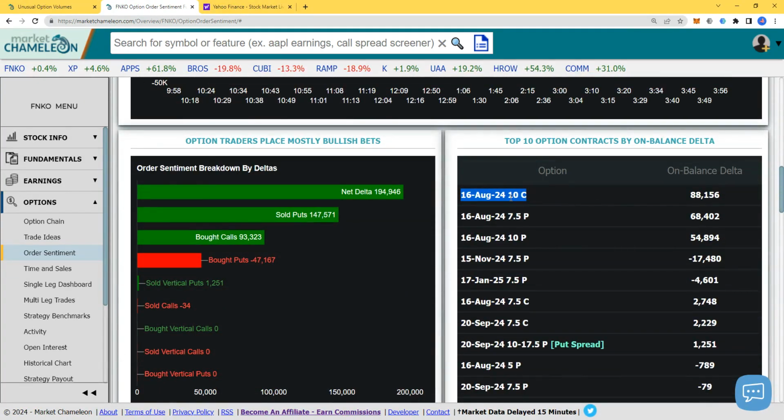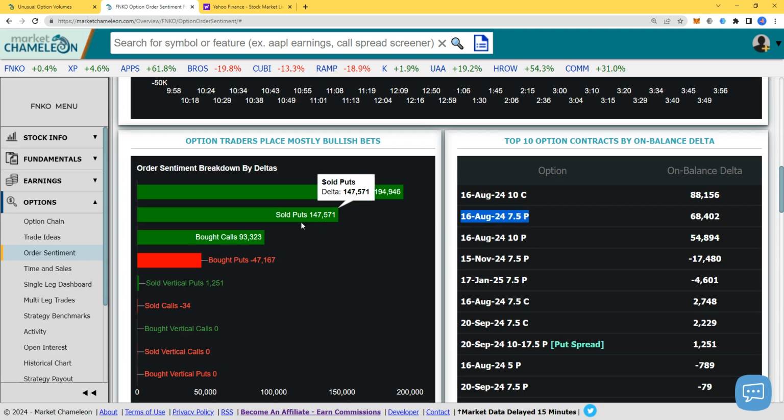Now I don't know if they bought calls or did something else. Probably bought calls, I'm not sure. And then they did maybe this one to balance, the 10 put. I don't know what they did, but this is what I pay attention to, the 7.5 put, okay?